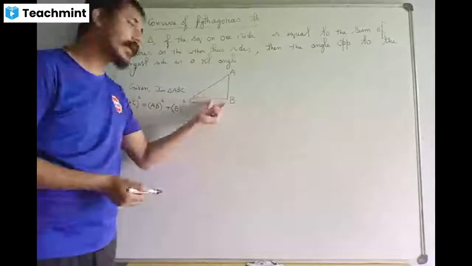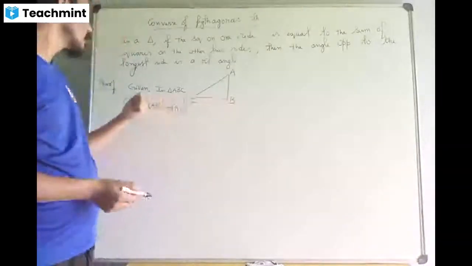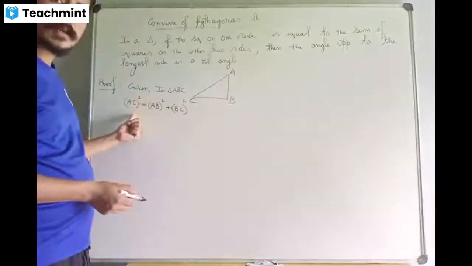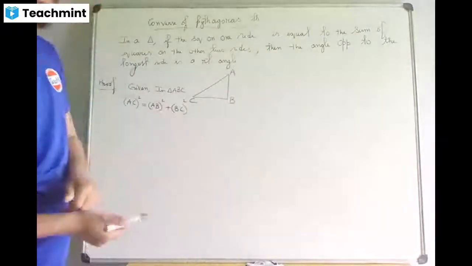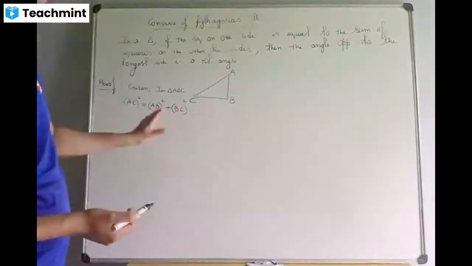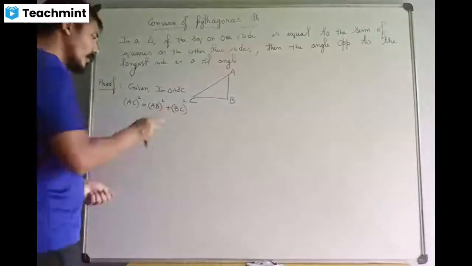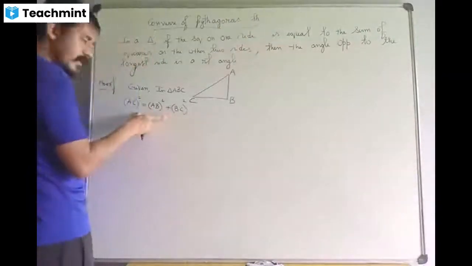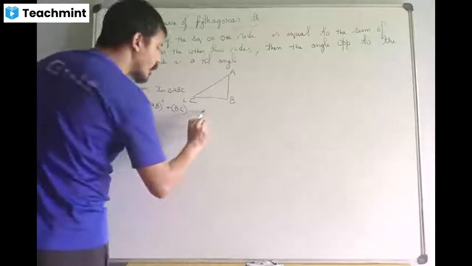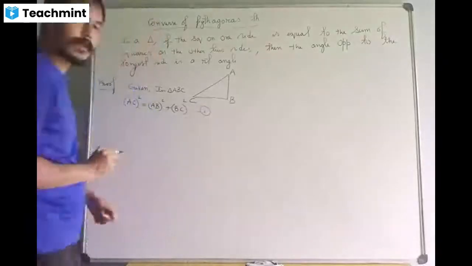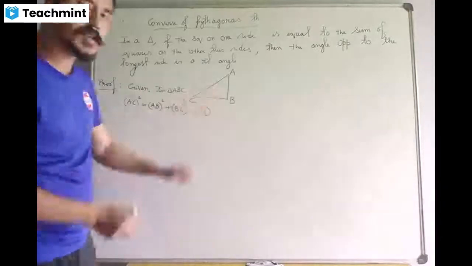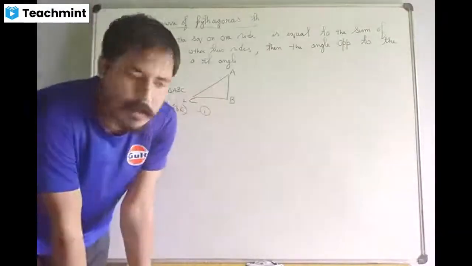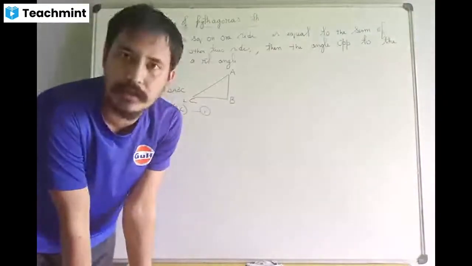As it is given, a relation is given. So I will mark this as equation number 1. Is it okay?